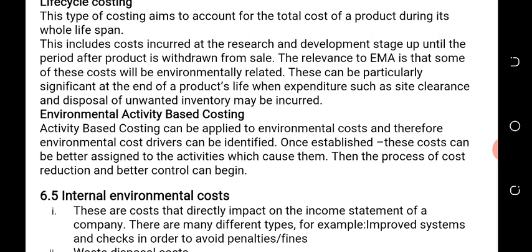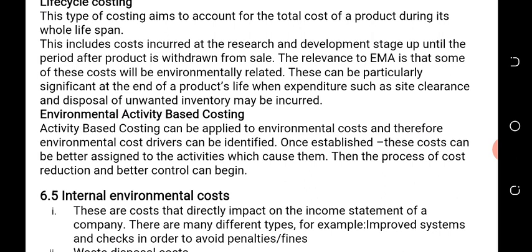Now, I'm saying that under each phase, we should be able to identify our environmental cost, but environmental cost is always at the withdrawal phase, because the withdrawal phase is when you try to withdraw, clear and decommission the product. So environmental cost is always associated with that phase.